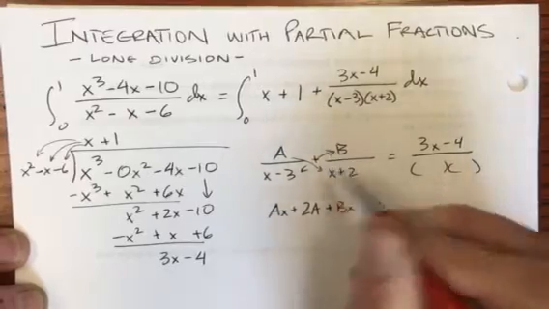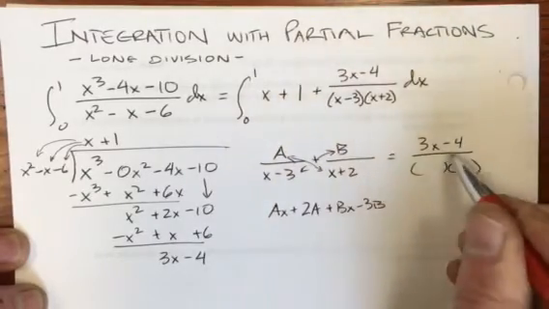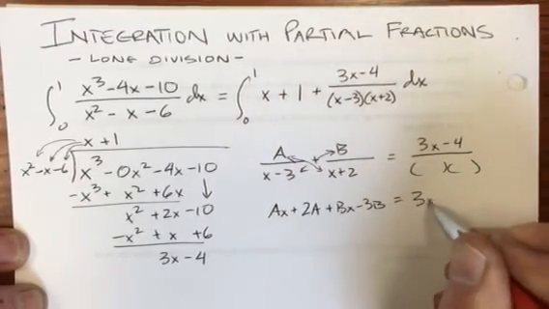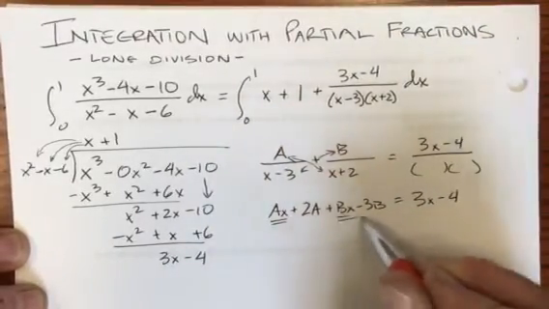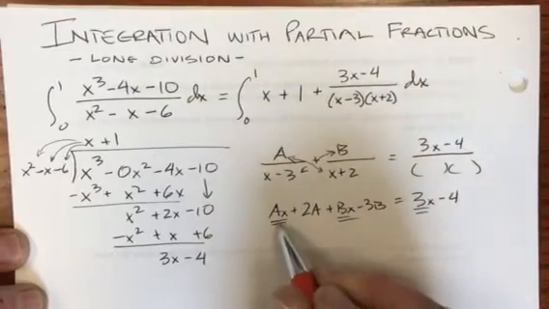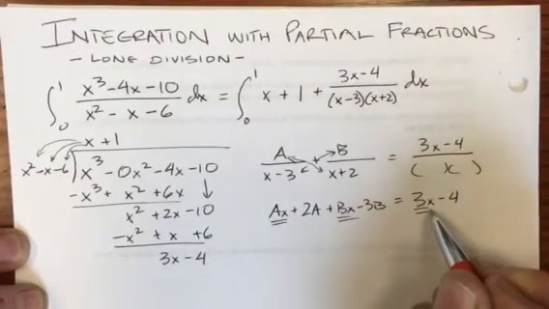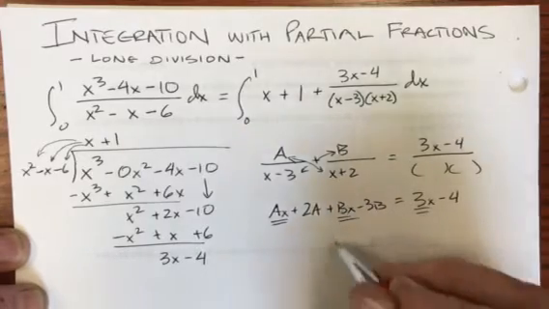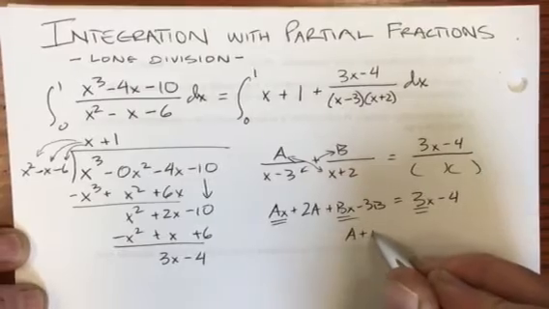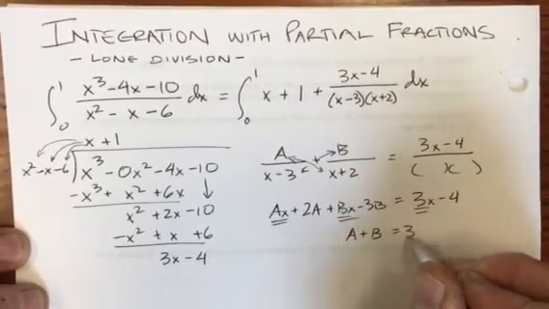And as I multiply across like this, I would get that numerator, so that'll be 3x minus 4. Well, looking at just the x bits right there, that tells me that Ax plus Bx must give me the 3x, right? Because there's no way that these terms have x's in them to give me that. I can cancel the x's, and I get A plus B is equal to 3.